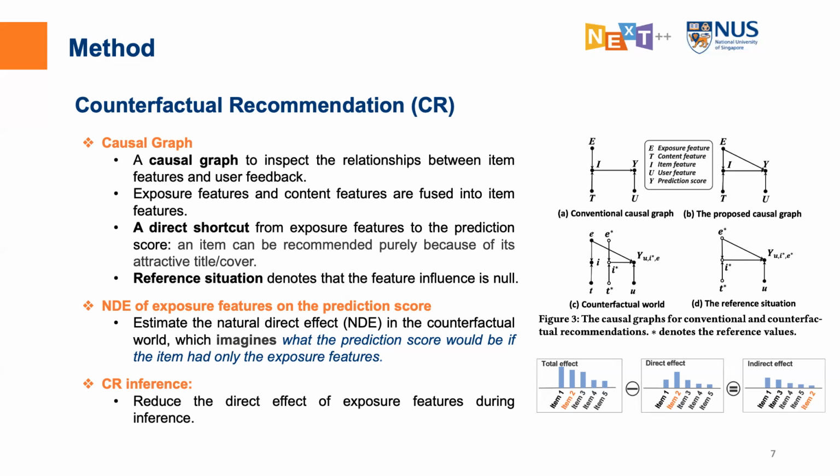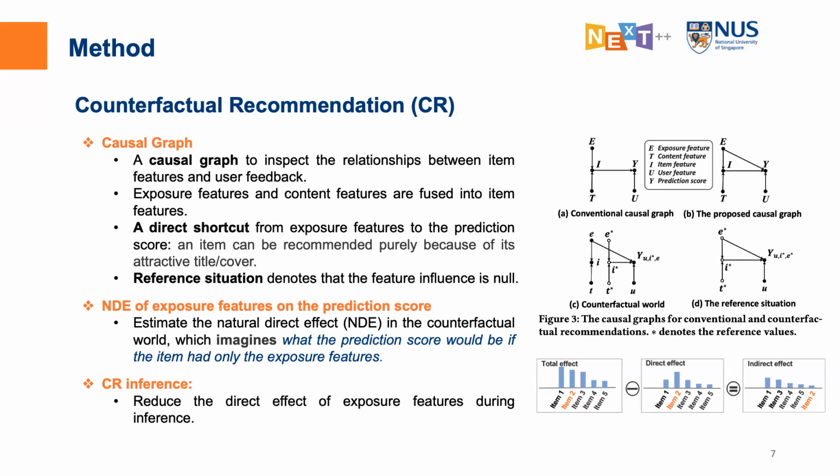I think I also have a question. I guess I didn't fully understand what exactly you're using as your exposure features versus your content features. Is it like an image processing of some sort? Yeah. For example, for the micro video dataset, there will be a title, a cover image, and the video content, right?